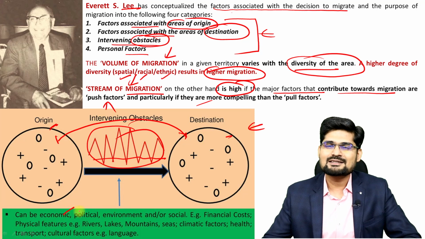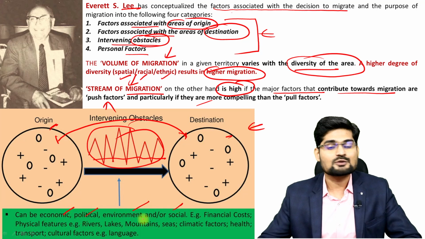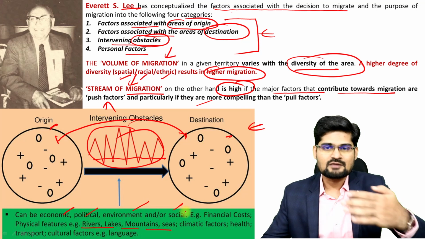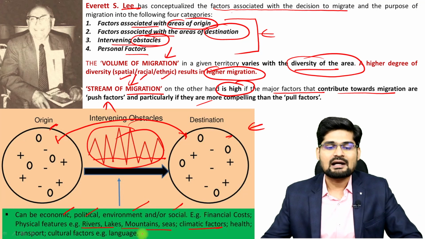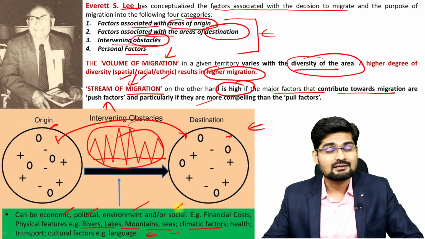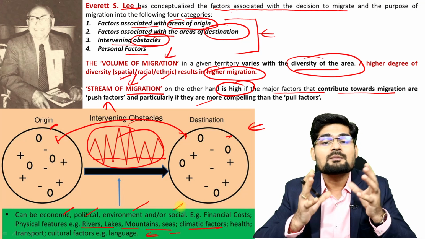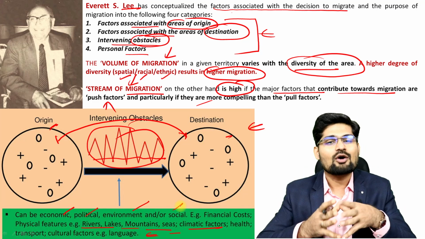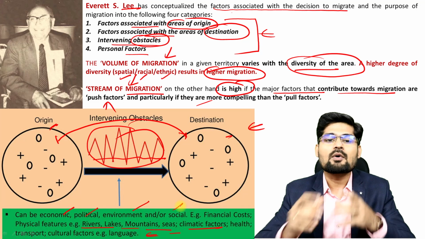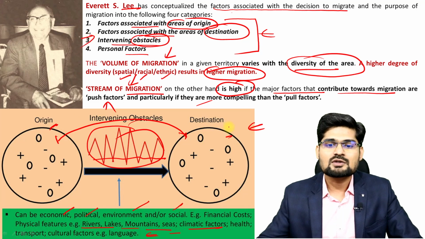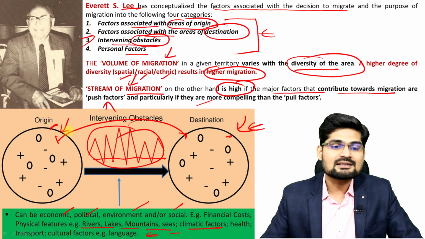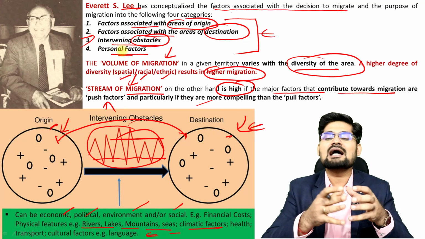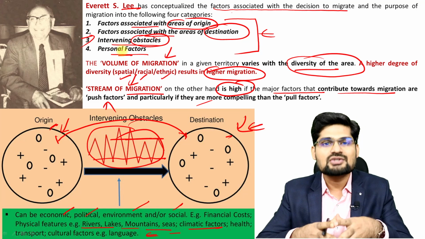Maybe economic obstacles, political obstacles, environmental or social obstacles, financial costs, river, lake, mountain in terms of the transportation, in terms of climatic factors, health, cultural factors, language factors. All these factors could be an obstacle for a person who is choosing whether to migrate or not to migrate. So these were the four important factors: factors at destination, factors at origin, in-between obstacles, and also the personal factors. This is how he understood the migration theory, right?